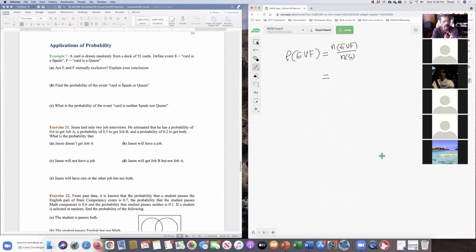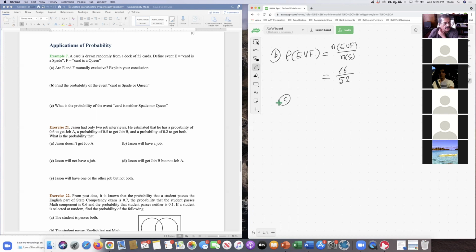So 13 plus 4 minus 1 is the actual count of the union, which is 16. So there are 16 elements in the union, divided by the count of the sample space. You're taking 1 card randomly from 52 cards. 52 is the count of the sample space. So 16 over 52 is your probability, and you'll have to reduce that. And that's your part B.